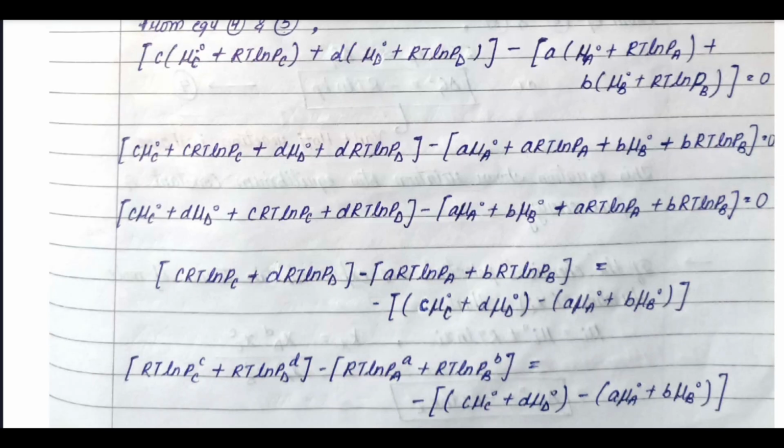So (c mu C naught + c RT ln PC + d mu D naught + d RT ln PD) minus (a mu A naught + a RT ln PA + b mu B naught + b RT ln PB) equals 0.